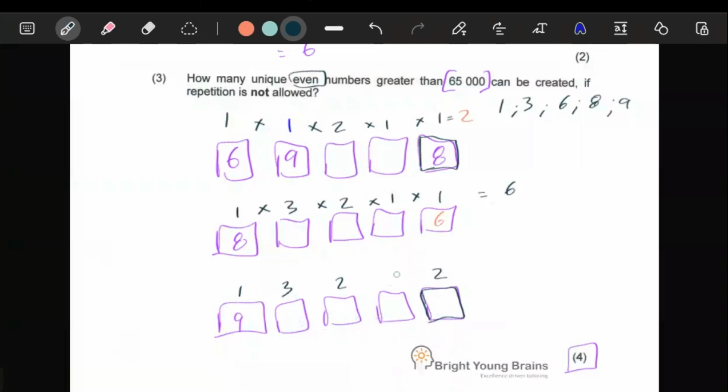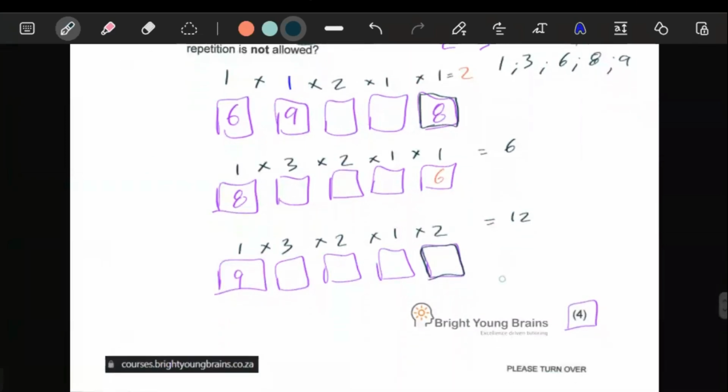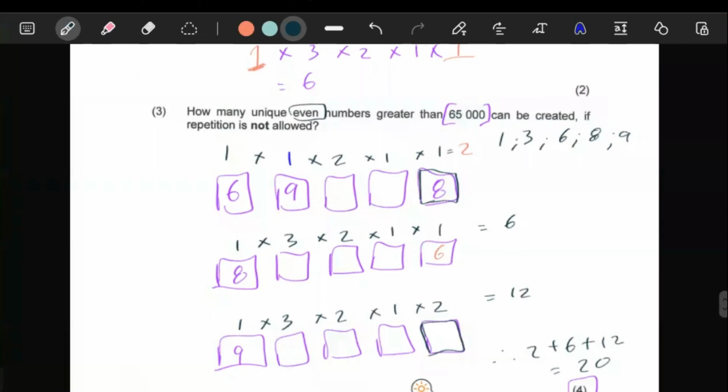Once you put a number there, there's only 1 option to consider. You have to make sure that you deal with your restrictions first. So here it's like 3 times 2, which is 6, times 2, which is 12. So the total of arrangements is 2 plus 6 plus 12, which is equal to 20. Those are the unique numbers that can be made that are bigger than 65,000 and that are also even numbers.